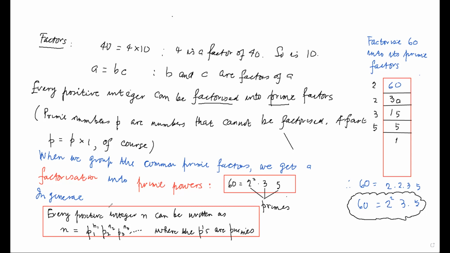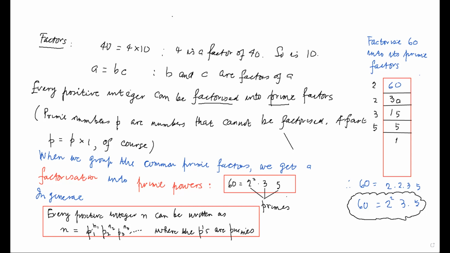In fact, in general, every positive integer n can be written as a product of prime powers. And this is rather complicated, but this is a prime power.